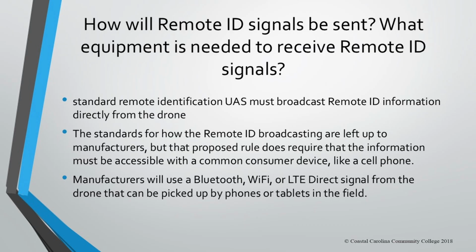So there are apps to check for remote ID signals. Manufacturers will use Bluetooth, Wi-Fi, or LTE, which is cell signal, from the drone that can be picked up by phones or tablets in the field.